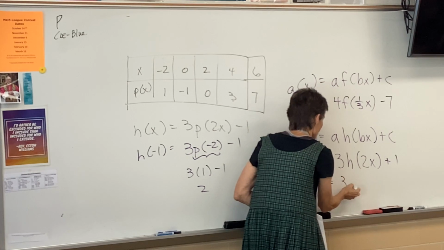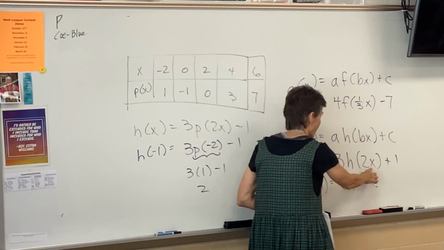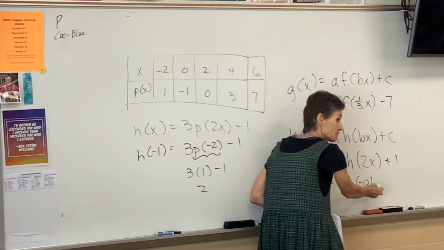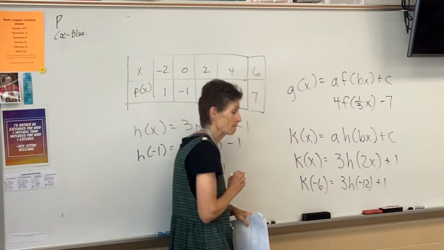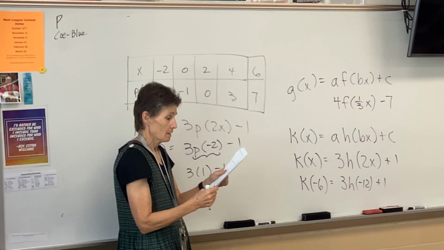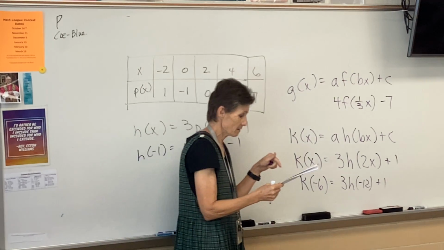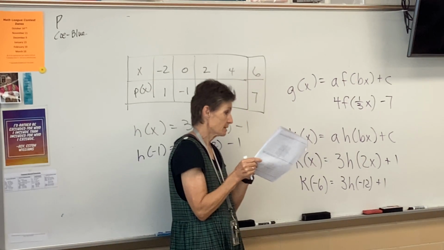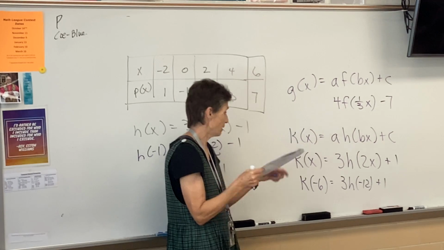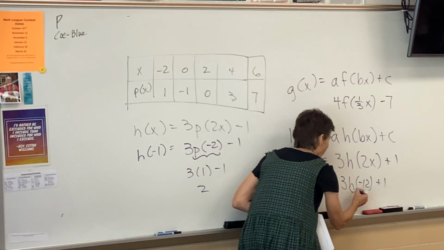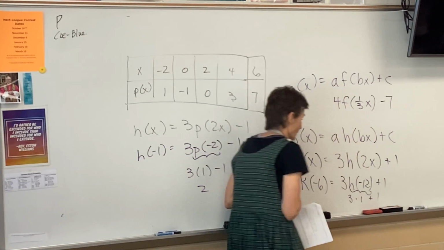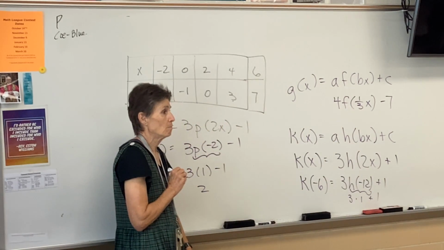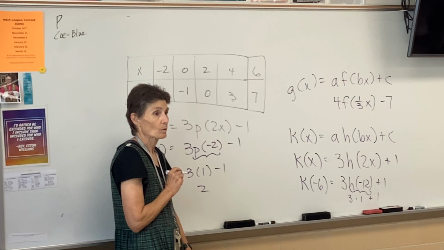This is going to be 3h of -12 plus 1. Hopefully, -12 is in my table. It is. So h of -12 is 1, so this is 1. So it looks like my answer's 4. Would you agree with that?